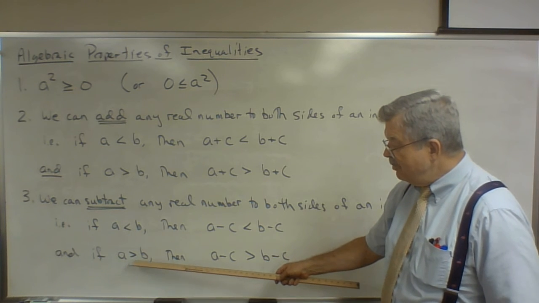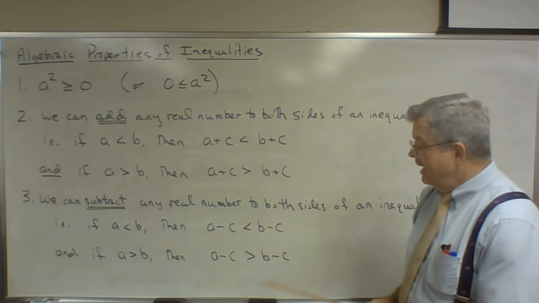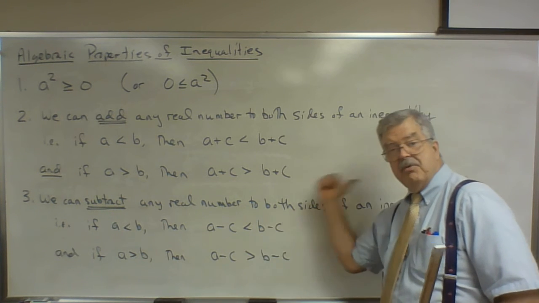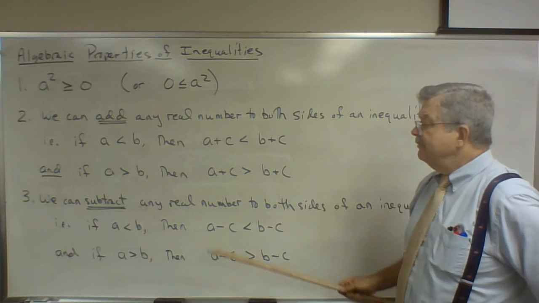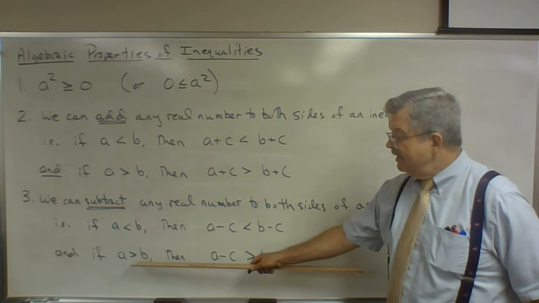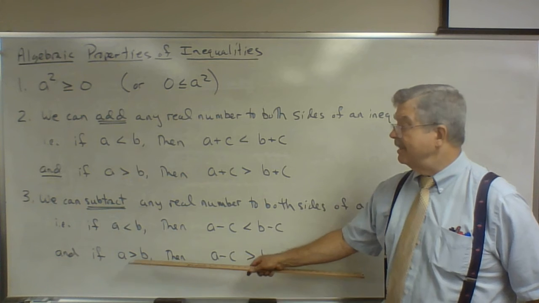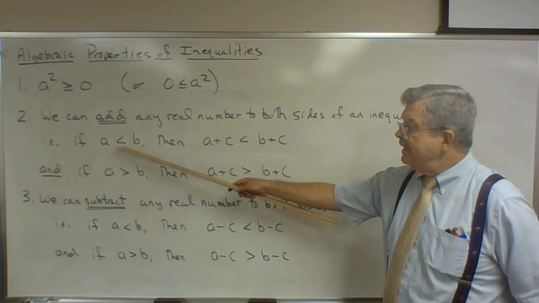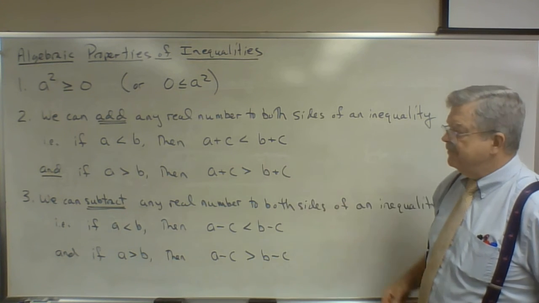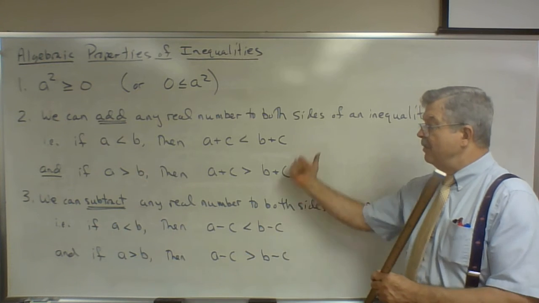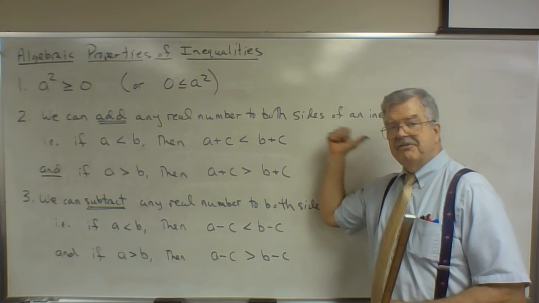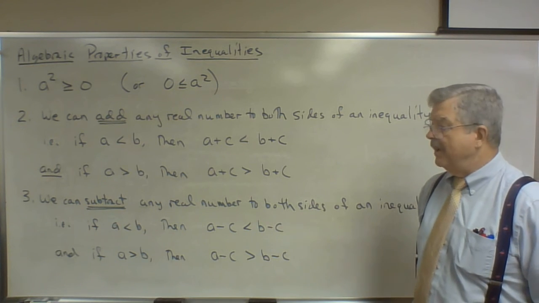And if the inequality is pointing the other way, and we subtract c from both sides, the resulting inequality still points that way. So adding or subtracting a number from both sides of an inequality doesn't change the direction of the inequality. If the inequality is pointing this way and we add something to both sides, the inequality still points that way. If the inequality points the other way and we add something to both sides, this inequality still points that way, and so forth and so on.